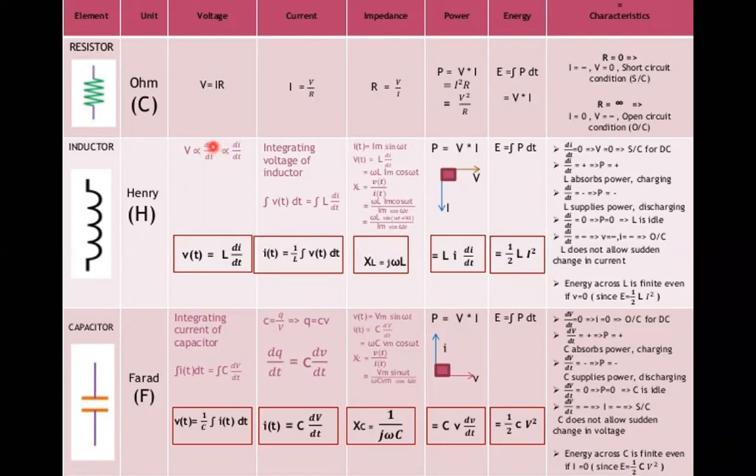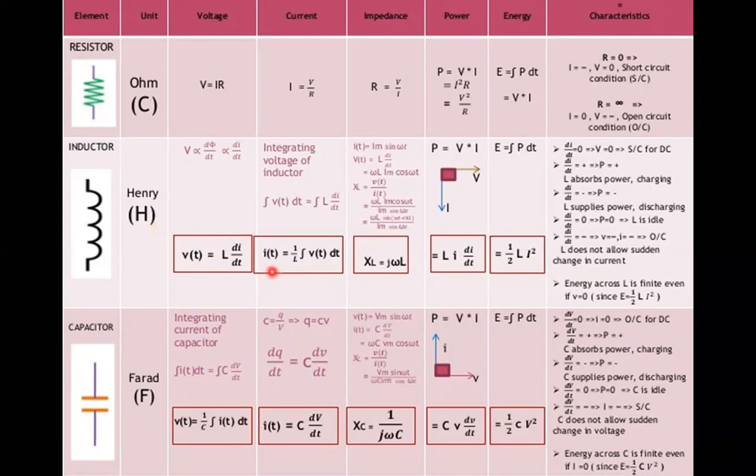According to Faraday's law, this magnetic flux is directly proportional to the current flowing through it, so phi is proportional to I. So the same thing we can write as proportional to di by dt. If you remove the proportionality sign, we can write the voltage with respect to time as L di by dt. L is the self-inductance, and the unit for inductance is Henry.